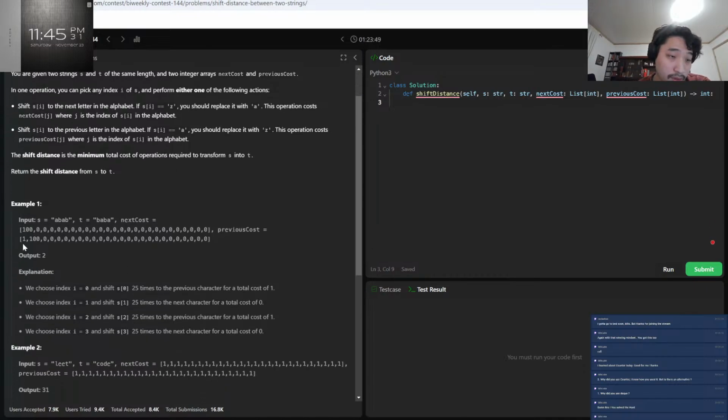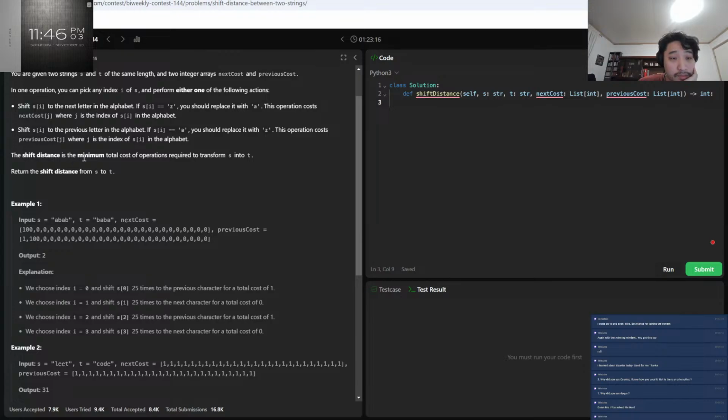So, okay, the cost. This is the next cost, and this is the previous cost. I would assume the input is 26. Yeah, so this represents the alphabet and the cost of moving.